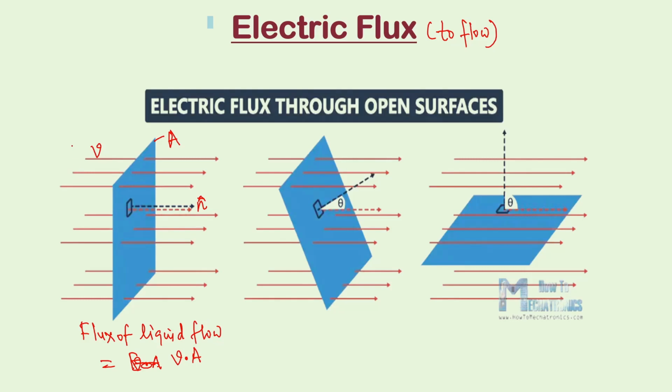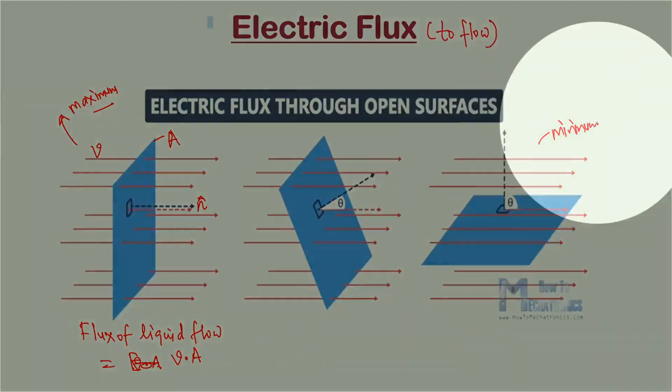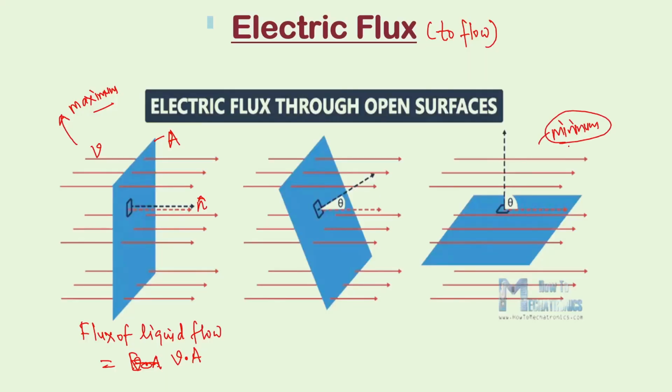Now, in this case, the flow of liquid is maximum, as all the liquid particles equally penetrate the area A, and the flow of liquid is minimum in the third case, because all the liquid is flowing over the surface.